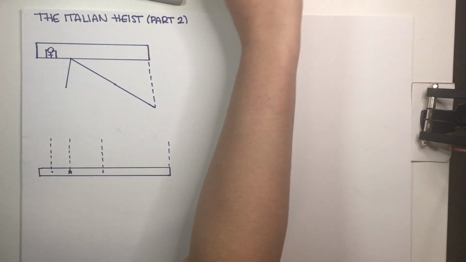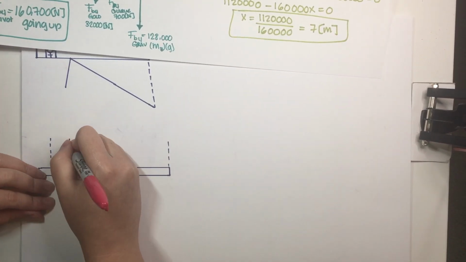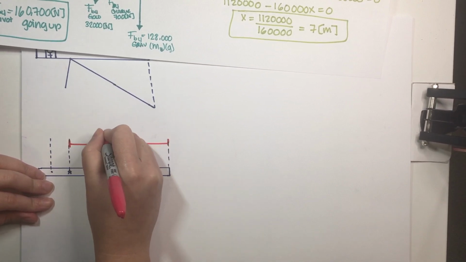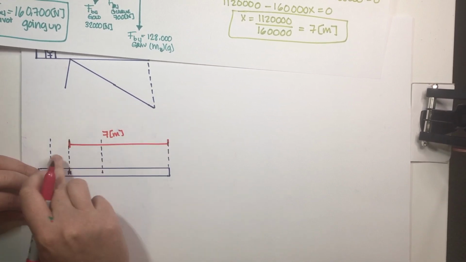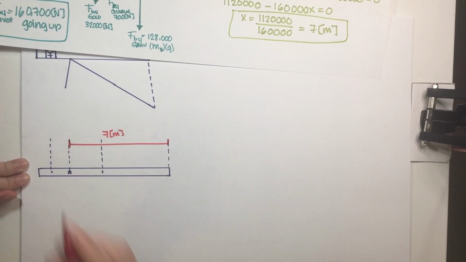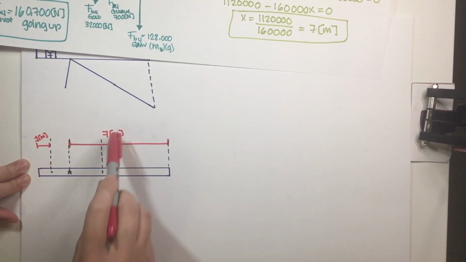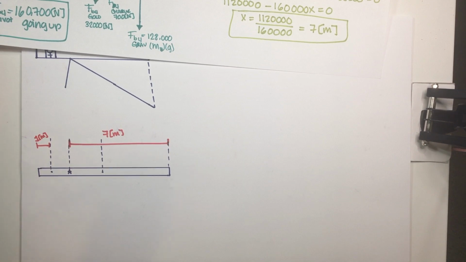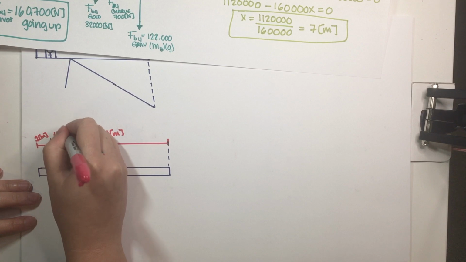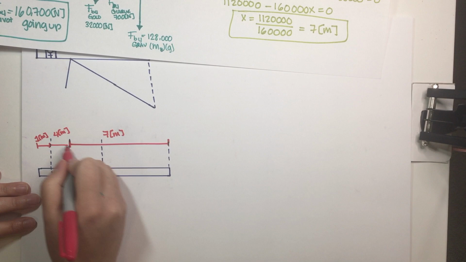So let's just go ahead and redraw our extended force diagram. Let me write that this distance was equal to 7 meters. This was our answer to the last part of the problem. And if this is equal to 1 meter, then this has to be equal to 4 meters, because the entire length of the bus was equal to 12, right?